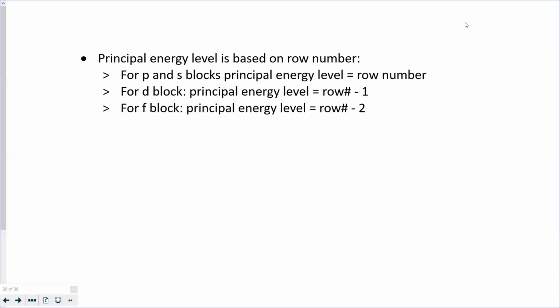It is on the fourth row of the periodic table. But for the D block, we do the row number -1. So 4 minus 1, that would be in the sublevel of 3D. And for the F block, it's going to be the row number -2. But we do not use these very often.